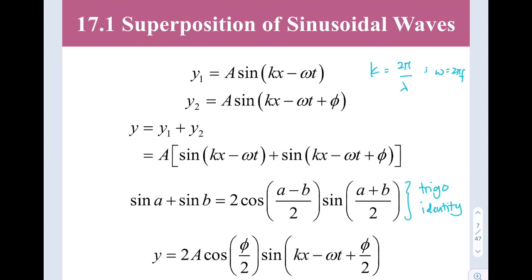The amplitude of the resultant is 2a cos(phi over 2). This is the amplitude of the resultant wave.